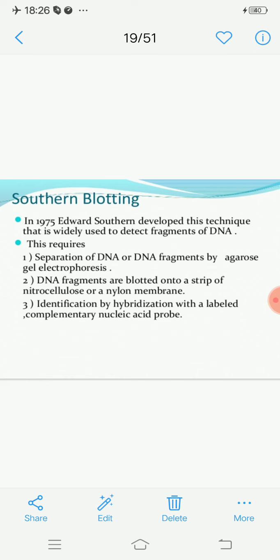It will go and bind, and after that, to visualize your gene of interest, to visualize this radioactive substance, you have to do autoradiography. An autoradiogram is generated, on which you can visualize the fluorescent signal or your gene of interest, highlighted. So these are the basic steps which are used here.